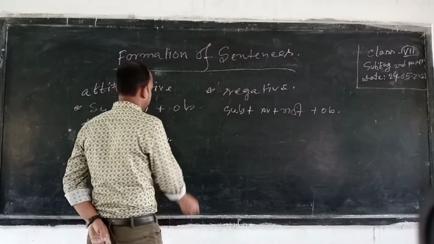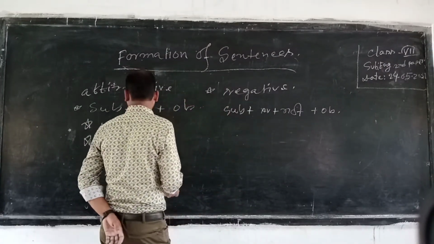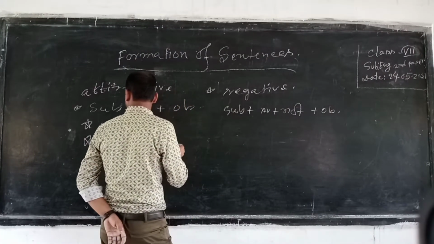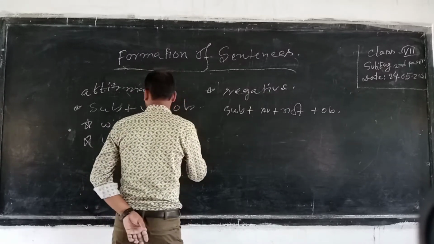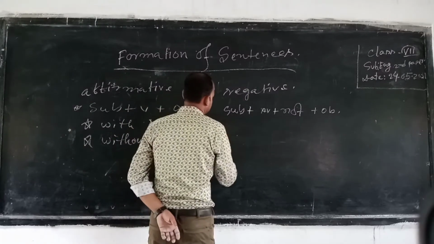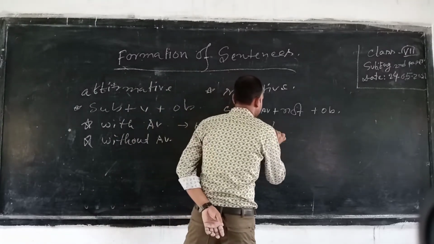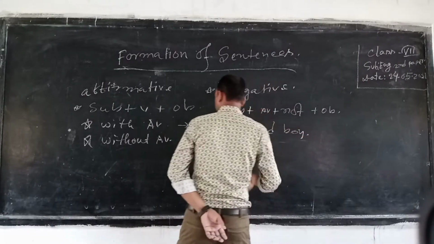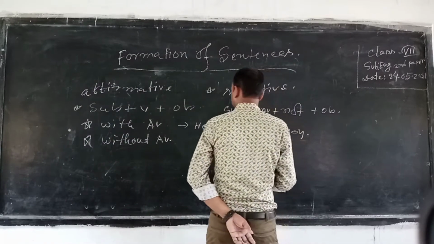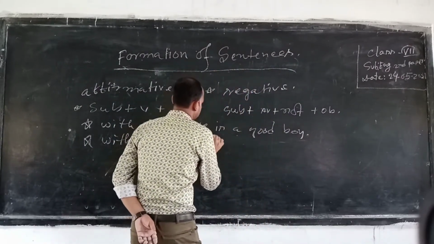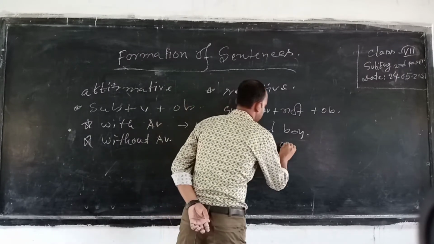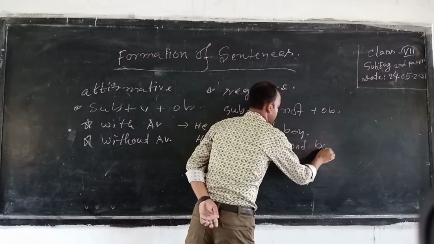So we can take an example of how a sentence with auxiliary verb is changed into negative. He is a good boy. Then, he is not a good boy.